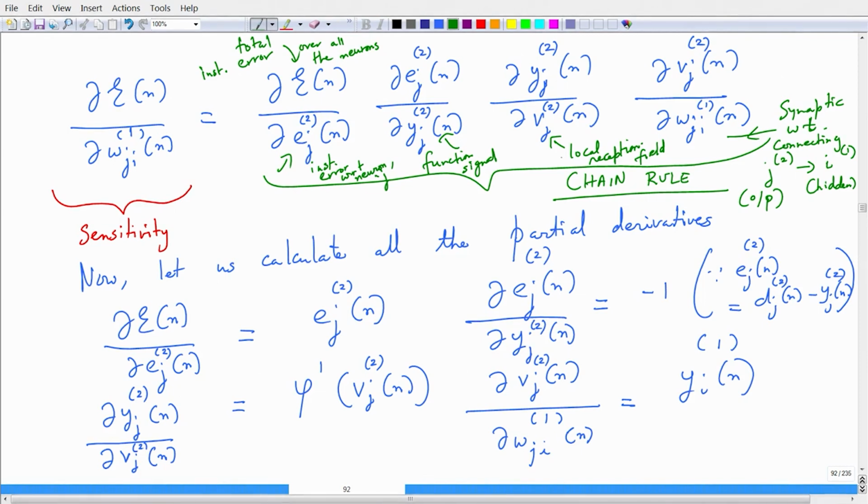the derivative of the functional signal at neuron j with respect to the local reception field at neuron j, all these are within the output layer, that is at layer 2, and then last the local reception field at neuron j in the output layer with respect to the synaptic weight connecting the jth neuron in the output layer with the ith neuron in the hidden layer.